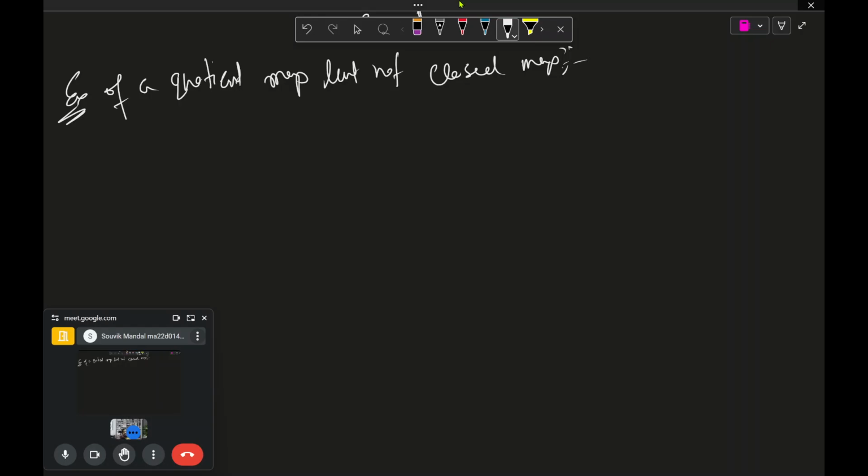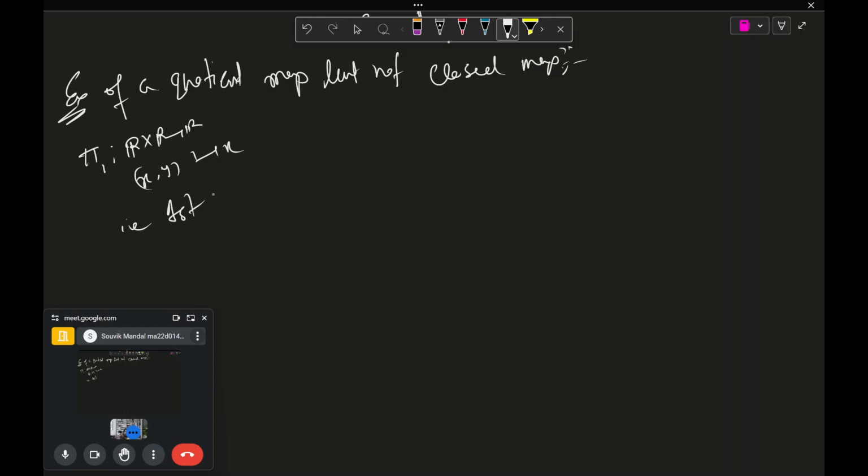How? So consider the first coordinate projection, pi 1 from R cross R to R. First coordinate projection.